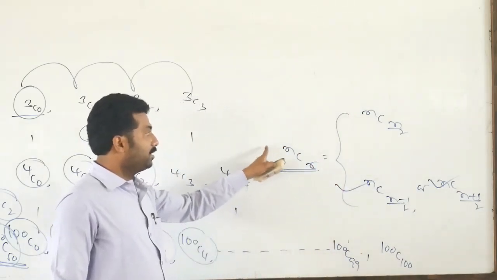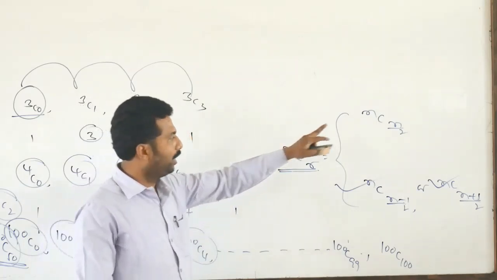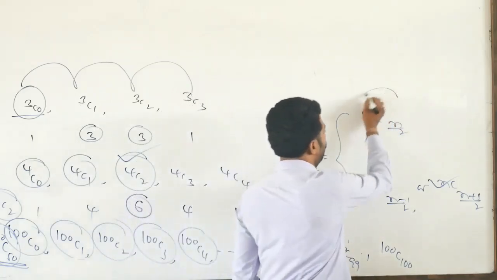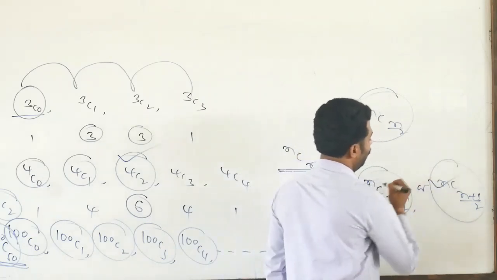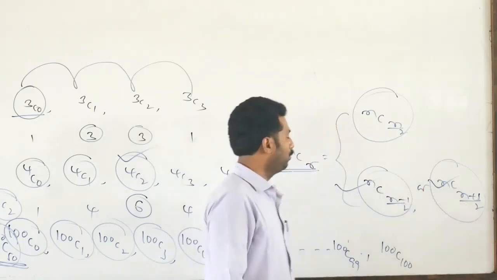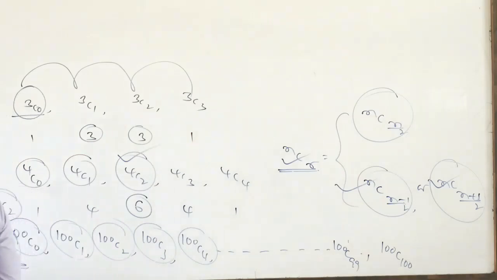Among these nCr, which one is the largest? Two cases we have to follow: n is even, n is odd. If n is even, nC(n/2). If n is odd, there exist two possibilities: nC((n-1)/2) and nC((n+1)/2). Which is the least, no doubt about it: 4C0, here also 3C0, here also 100C0.